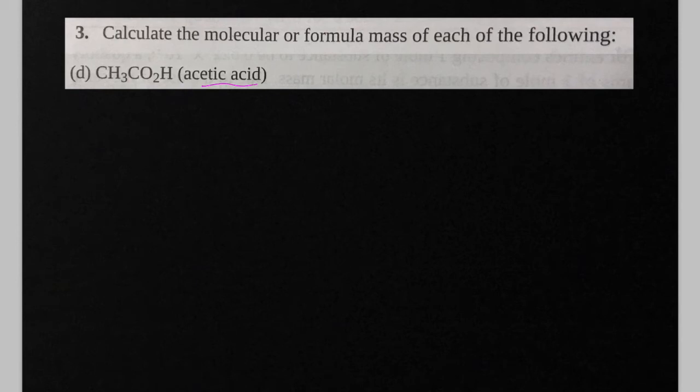For molecule D, we've got acetic acid, a component in vinegar. And you've got to be careful when you add things up here. This molecule has 2 carbons. The C is written in 2 places.